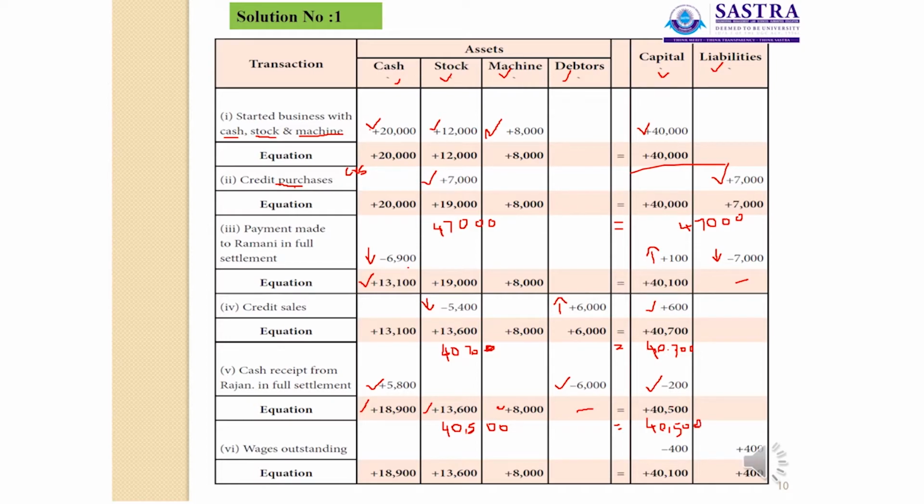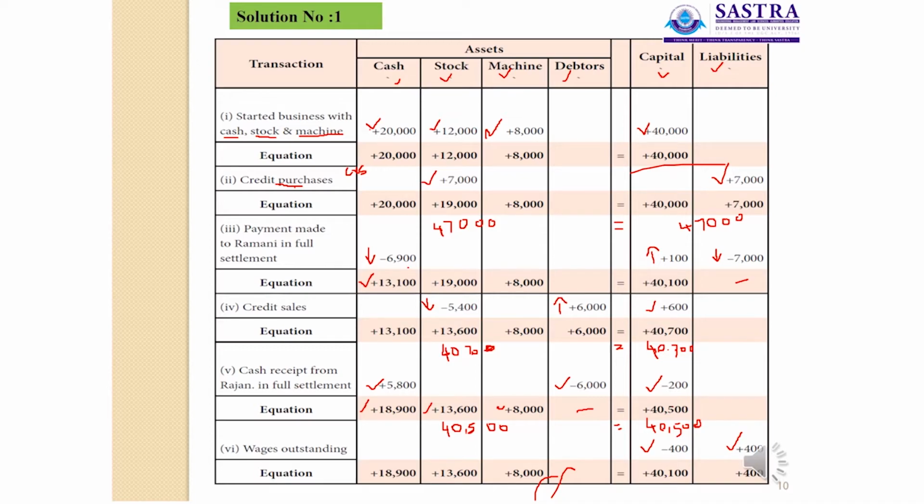Then the next one is wages outstanding. Wages outstanding, rupees 400, is one of the liabilities. So add the 400 as liability, then decrease the value of capital, so minus 400. Here there is no effect on the assets. So assets are as they are: 18,900, 13,600, 8,000. Then 40,500 minus 400, 40,100, here 400.